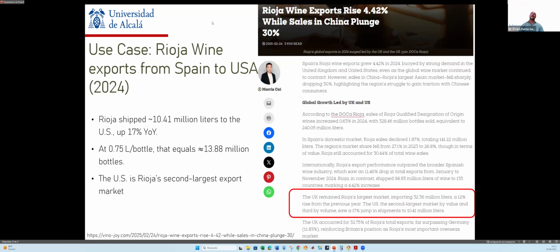It's really well-known. So it has a really big amount of commerce traffic, because in 2024, Spain exported 10.4 million liters of Rioja wine into the USA. And it's also raising at 17% year to year. So it's a really impressive industry.